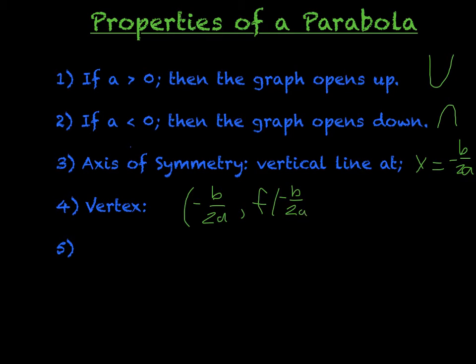So that just means you take that x value, negative b over 2a, and then you put it into your original equation, and that's your vertex. And the last property of a parabola is that c is going to be where it crosses the y-axis. It is your y-intercept term.